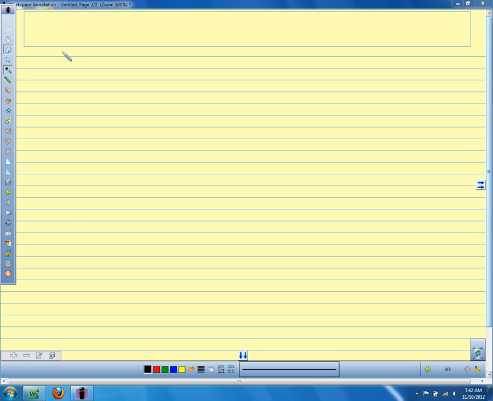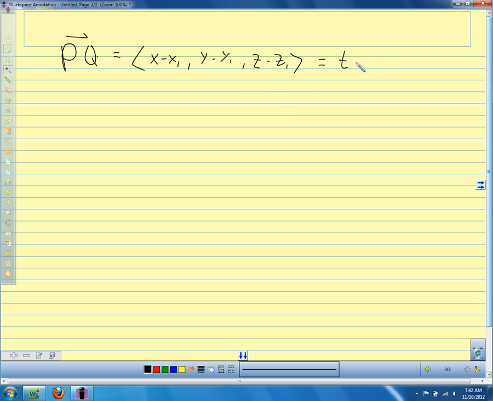Since PQ is a scalar multiple of V, PQ is x minus x1, y minus y1, z minus z1. That's our expression for PQ in terms of the points, and that equals T, some scalar multiple, times our direction vector A, B, C.